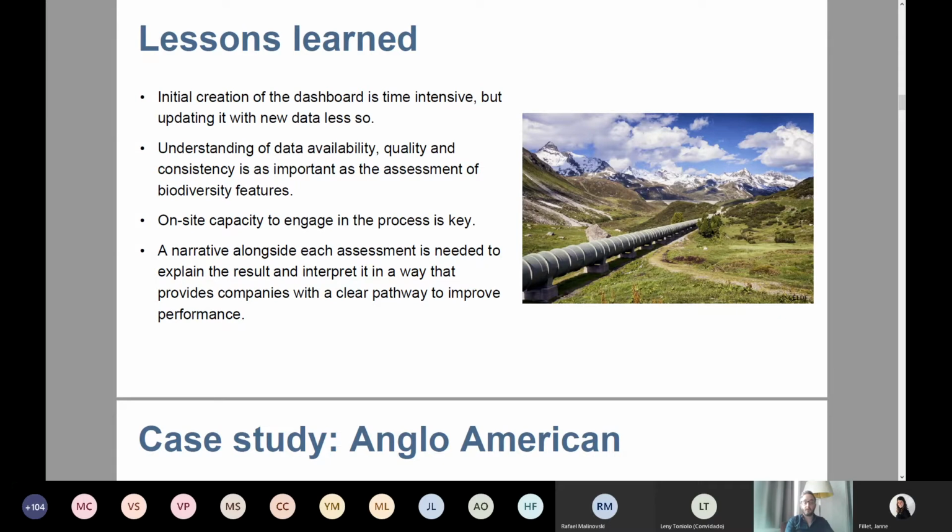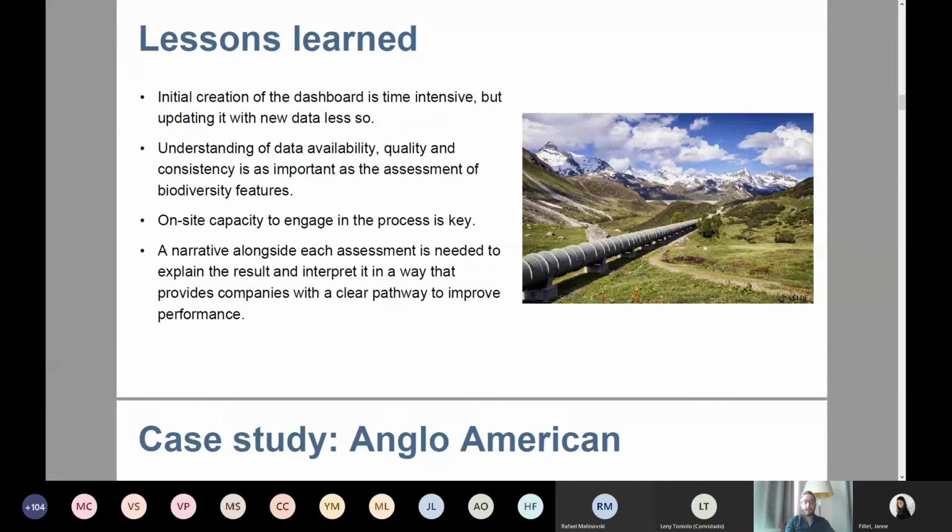We've been able to trial this at a pilot site where we had some quite strong time series data, and we were able to update as if we'd been assessing this over multiple years.